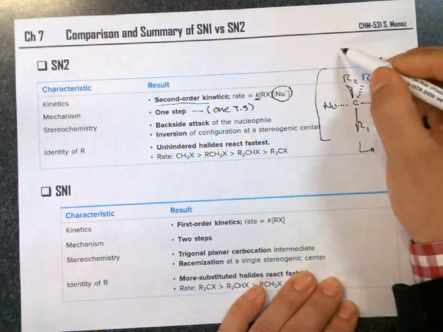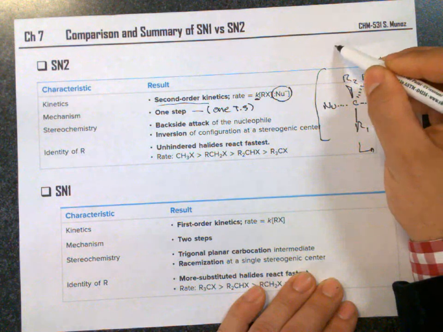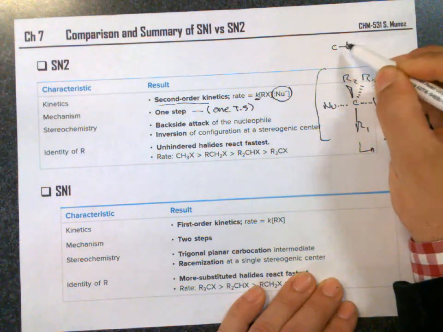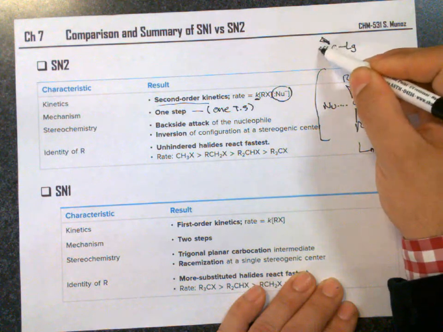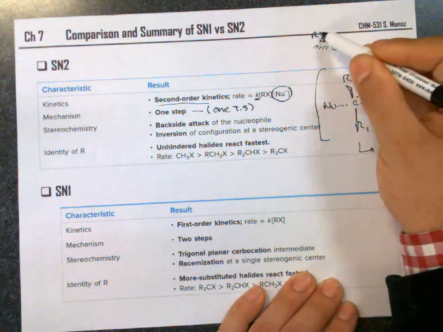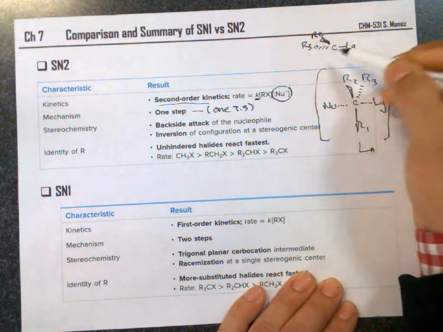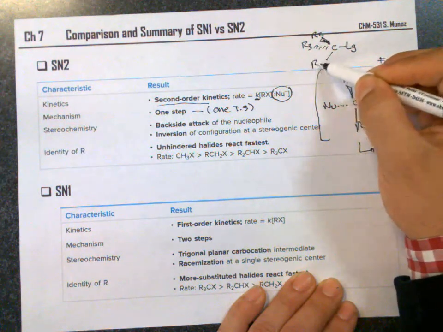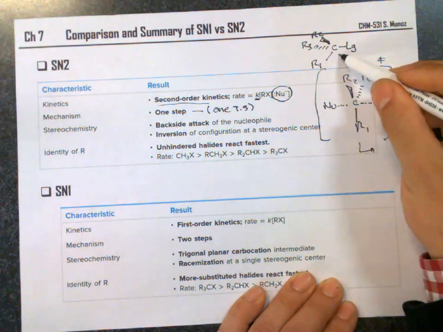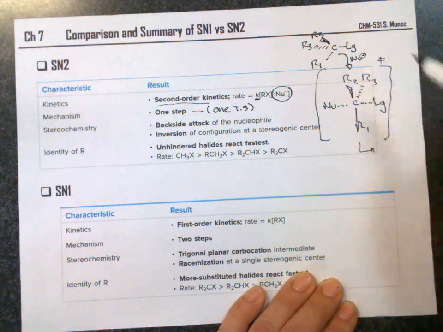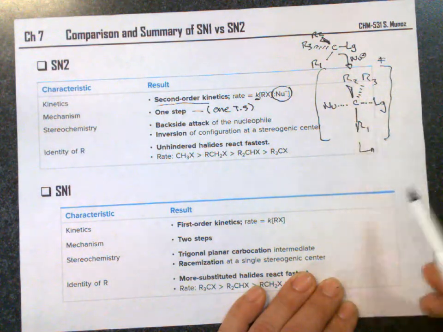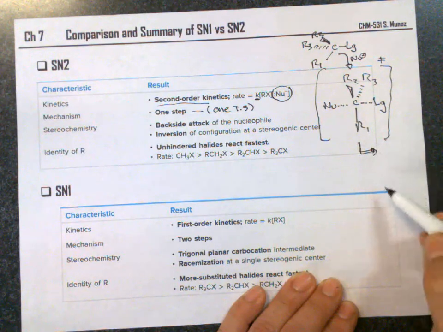Then you end up, if you start with carbon, leaving group, R2, R3, R1, then you go here with the nucleophile. This is the transition state, and then you flip the umbrella.